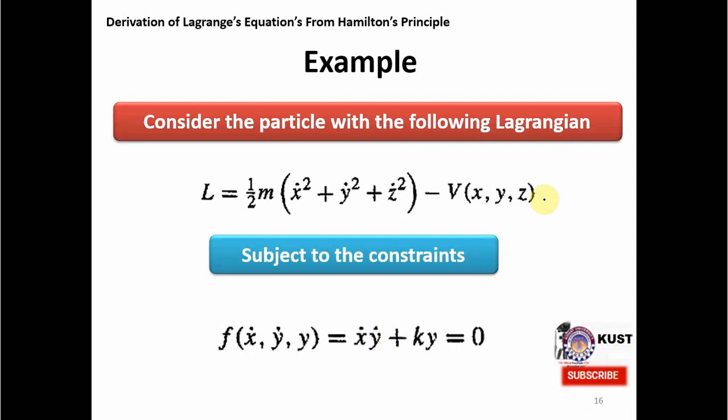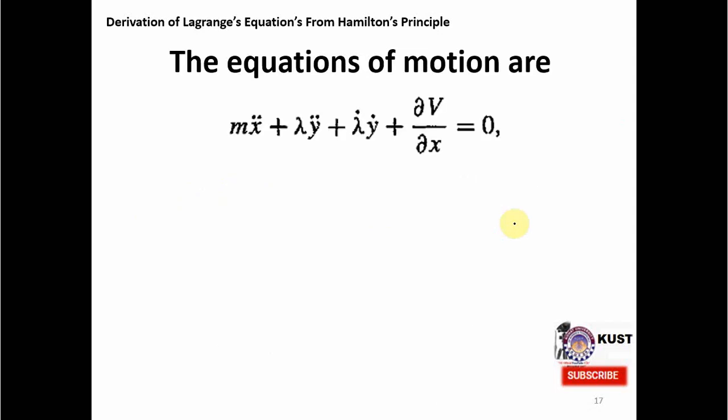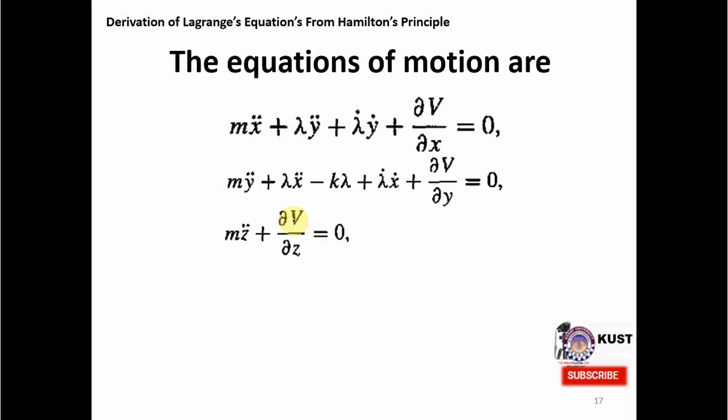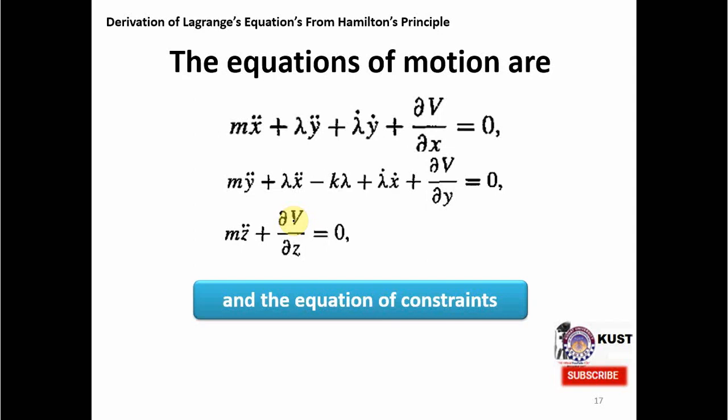Now if this is so, then in order to calculate the equations of motion, what we have to do is to calculate the variation, and after that we put the variation equal to 0. What we get at the end are these equations for all the components, for example the first component, the second component, the third component, and the equation of constraint separately.